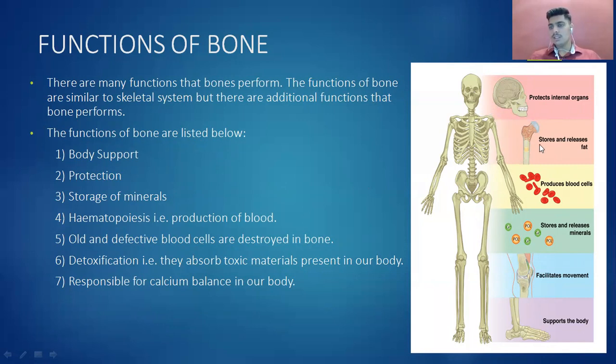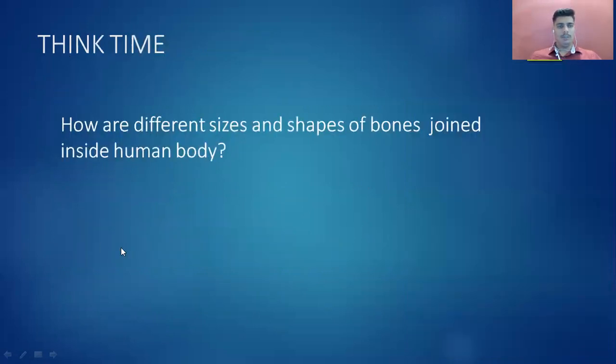So moving to the second. It stores and releases fat in the bone. It produces blood cells and stores and releases minerals as the body requires, then facilitates the movement of body and supports the body. Now think time.